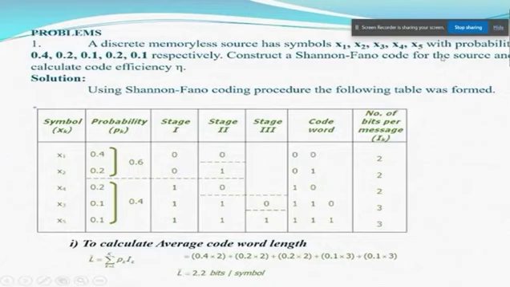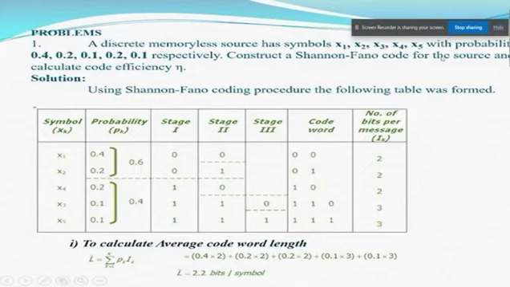Now here we have 0.2, 0.1, 0.1. We can split it equally with 0.2 and 0.2: 0.2 in the upper set and 0.2 in the lower set. So we assign 0 to the upper set and 1 to the lower set.